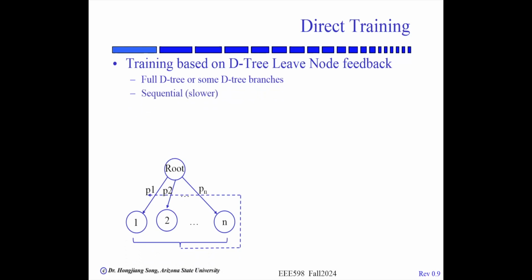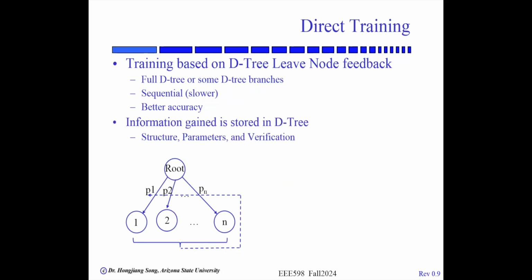Direct training is sequential and usually slow because it needs feedback to do the training. But the good side is that direct training has good accuracy because you are training the decision tree itself. Again, the information gain will be stored inside the decision tree. This includes the structure of the decision tree, the parameters of the decision tree, and the relocation of layers of the decision tree.